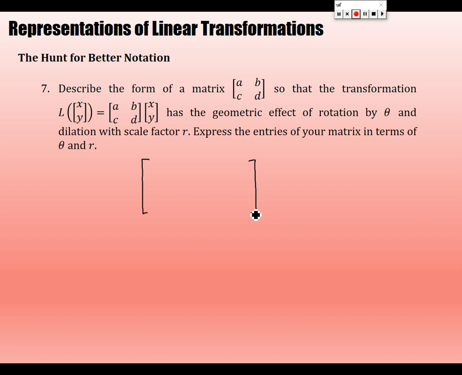So, yeah, we get what? Anyone? Well, hold on. Let's do it in terms of r's and thetas. That's all I want to hear about. It should just be what we had on number 6, but with r: r cosine theta, negative r sine theta, r sine theta, r cosine theta.